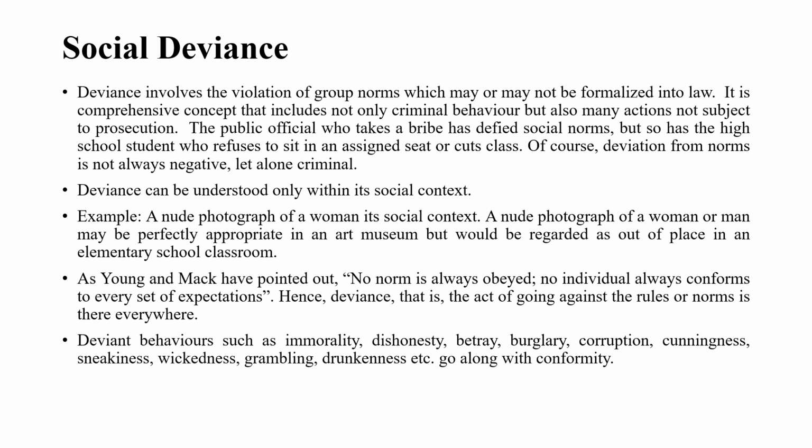Deviance involves the violation of a group's norms, which may or may not be formalized into law. So it is not necessarily formalized into law, or laws in the society, but they are group norms.